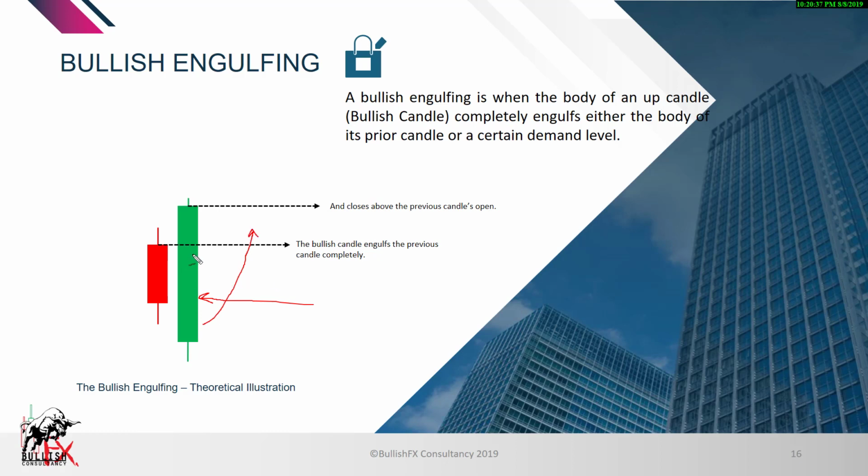Look how it closes way above the opening price and the closing price of the previous candle. The bullish candle engulfs the previous candle completely and closes above the previous candle's open. That's an illustration of a bullish engulf. This is pretty simple, guys. You should be able to understand this instantly, but it takes practice to identify it on the market structure.